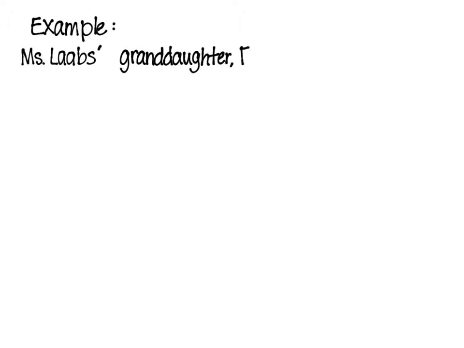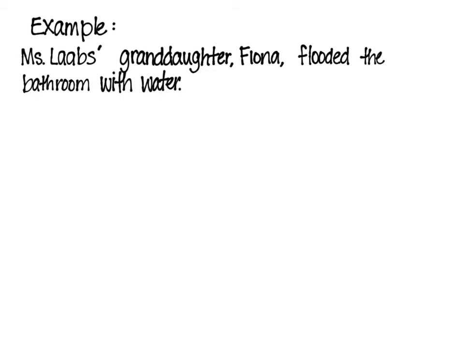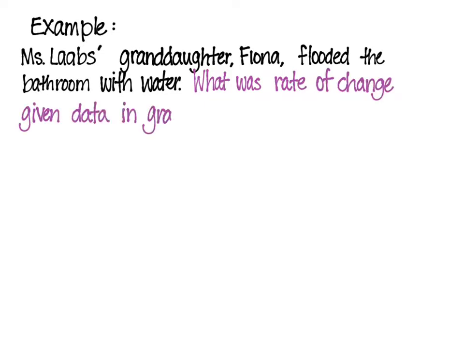Let's do another example. And this is a fun one. The example is that Ms. Lobb's granddaughter, Fiona, was having fun, and she flooded the bathroom with water. And the question is, what was the rate of change? We're talking about the rate of change in the water, how much water changed over time.